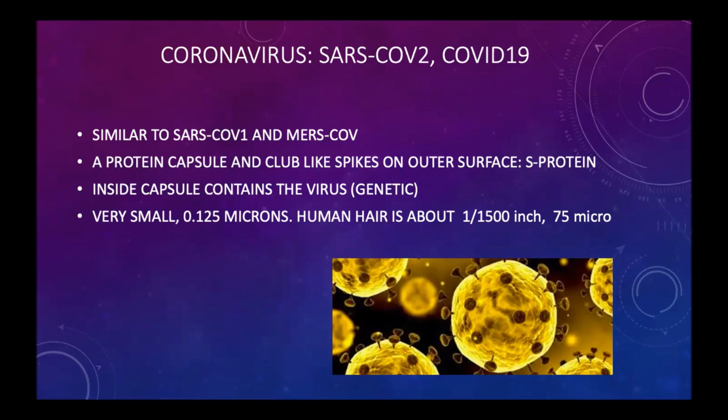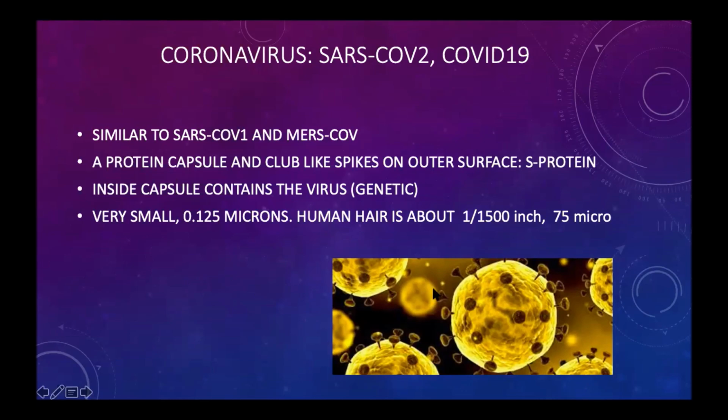Currently, we know that there are 9 of them that have now zoonotically transferred themselves from an animal to a human. But of the 9, only 3 have caused major problems. And these are SARS-CoV-1, MERS-CoV, and then of course today we know the COVID, which is on the top.